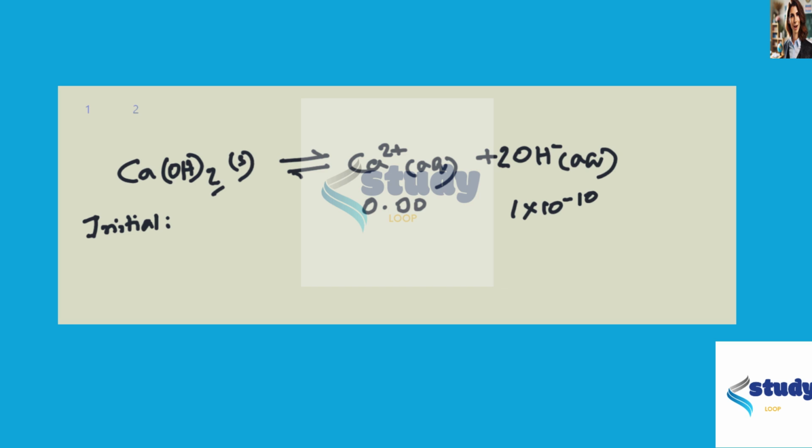The change in the concentration of calcium ion is the molar solubility of the calcium hydroxide, and if we consider there is no change in hydroxide ion concentration, then at equilibrium we will have the calcium ion concentration as molar solubility S, and the hydroxide ion concentration as before, 1 times 10 to the power minus 10.